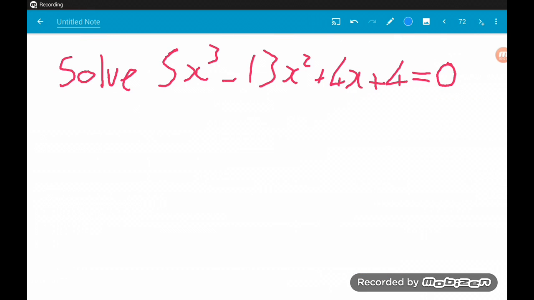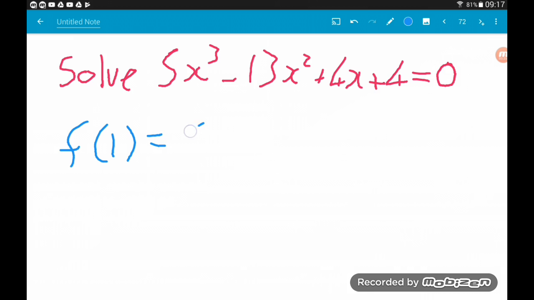Okay, then for question 2 we want to solve 5x cubed minus 13x squared plus 4x plus 4 is equal to 0. To solve, we need to factorise. Factor theorem. Let's see if we can find one factor. So, let's try as always f of 1.